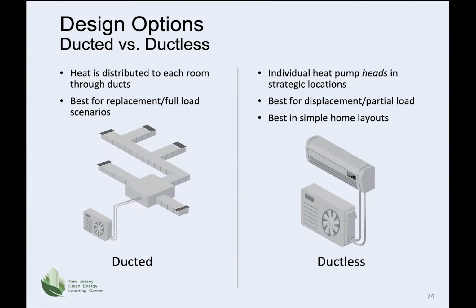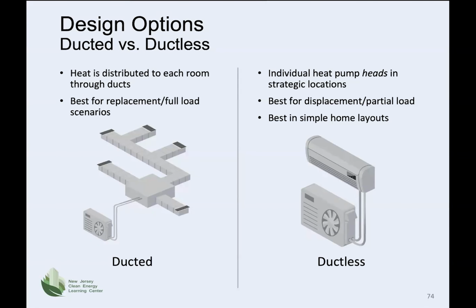In a ducted system, the heat's distributed through each room through ducts, and the heat pump then interfaces with an air handler that is attached to the ducted system. And these are probably best if you're going to have a full replacement system. The ductless systems are more flexible. They can serve individual rooms or groups of rooms or zones, and the heads want to be located in strategic positions.